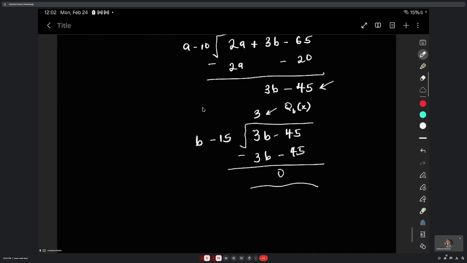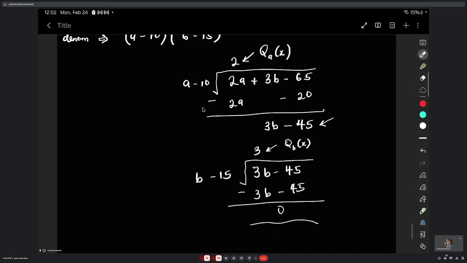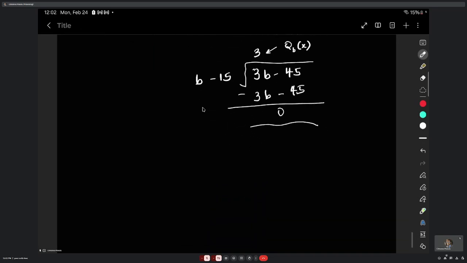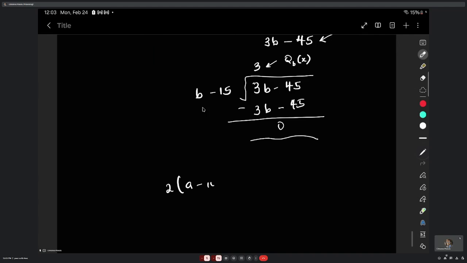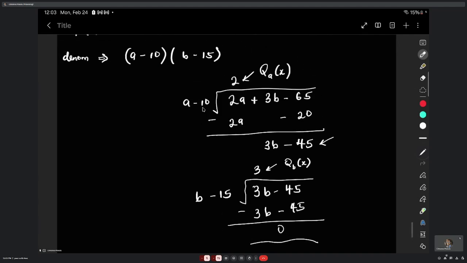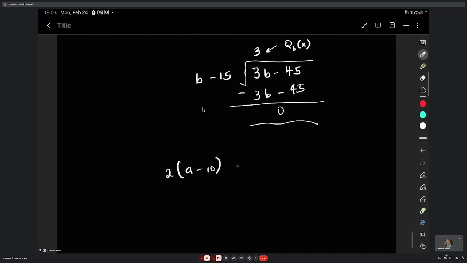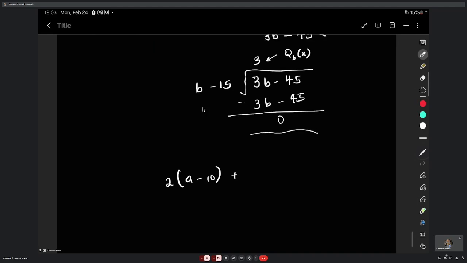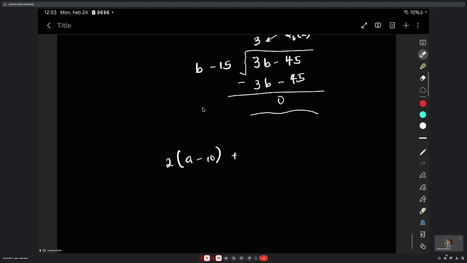So we are going to have 2 into A minus 10, plus this 3B minus 45, right?